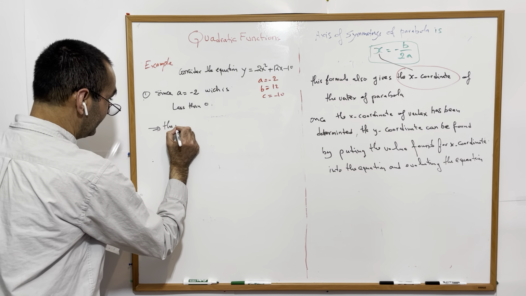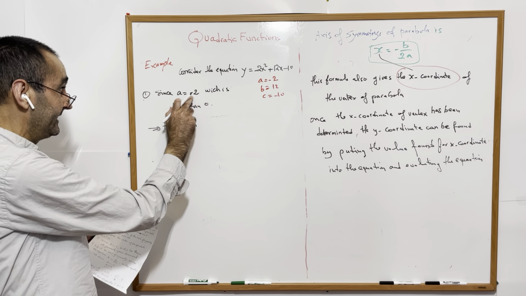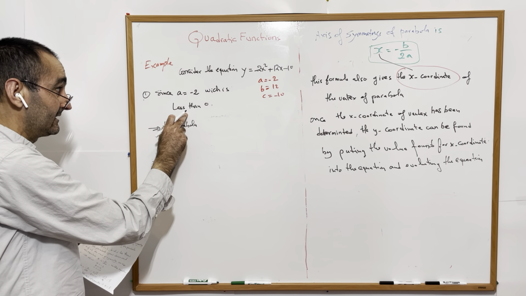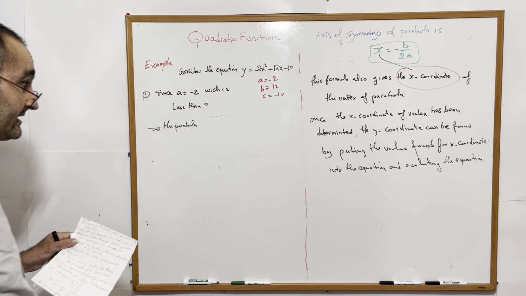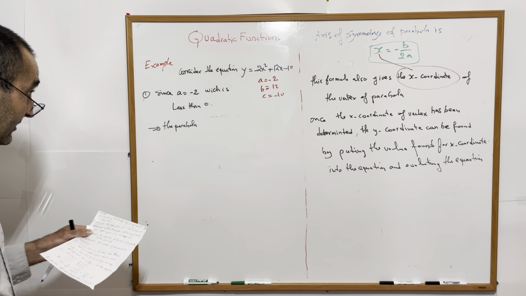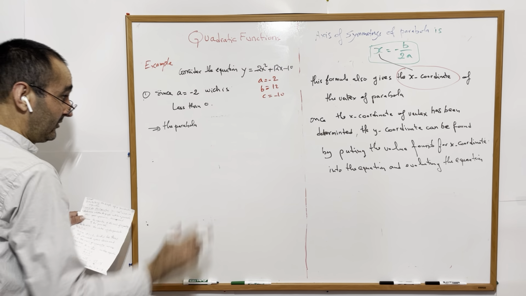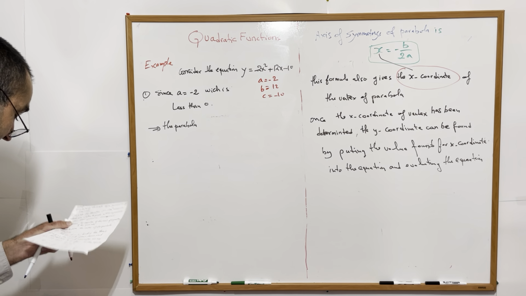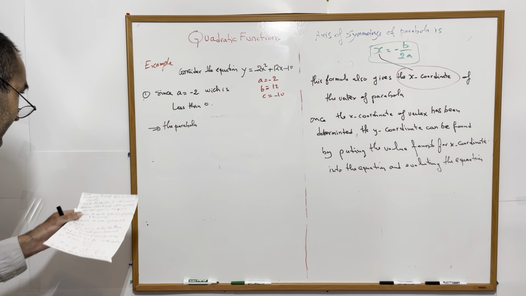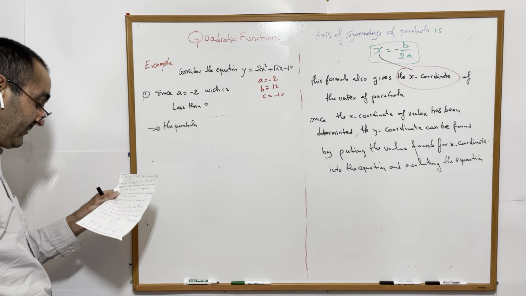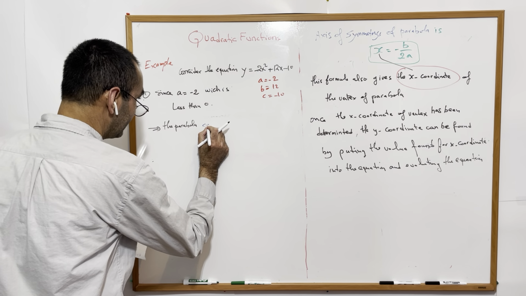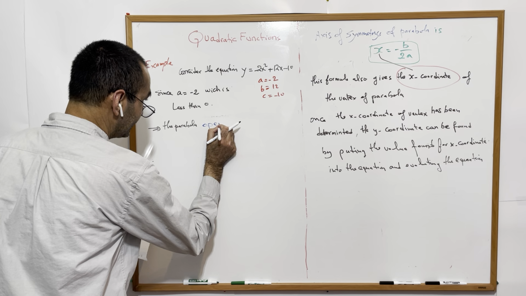I explained before: when a is less than 0, the parabola opens down. When a is greater than 0, the parabola opens up.